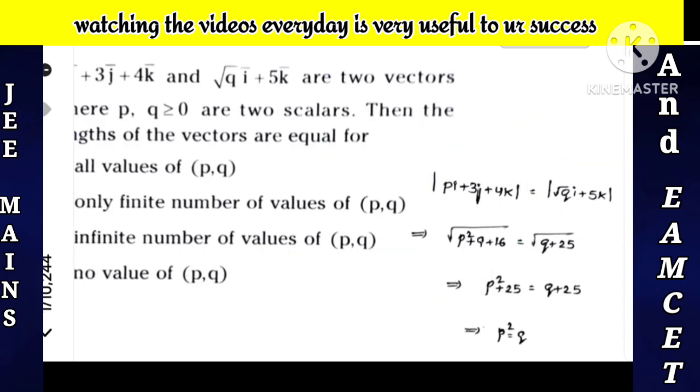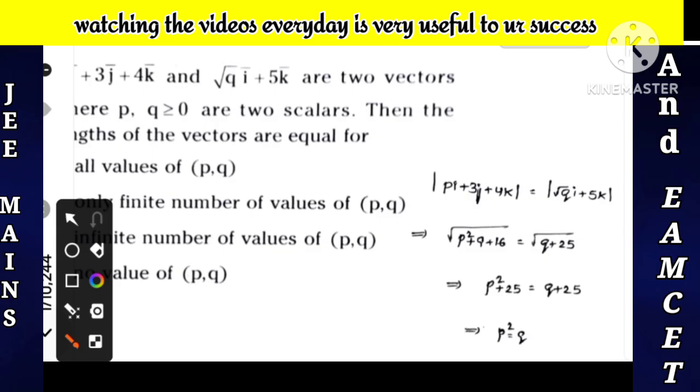See here how to find the modulus of this vector: square root of i component whole square, p square, j component whole square, 3 square is equal to 9, k component whole square, 4 square is equal to 16. Similarly for the other vector, root q whole square is equal to q, 5 square is equal to 25, under square root.